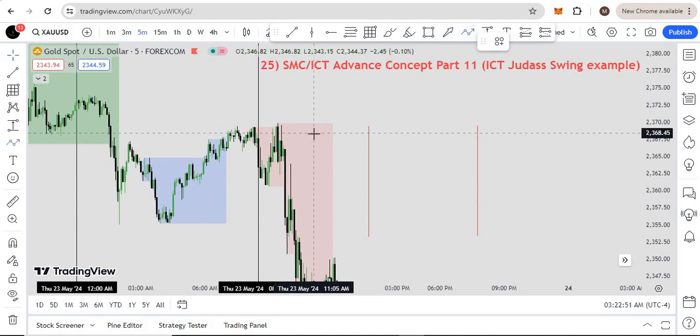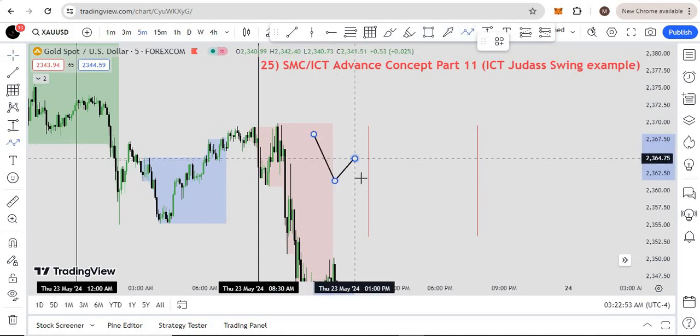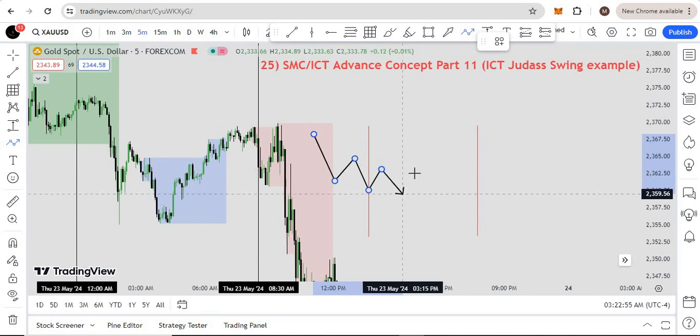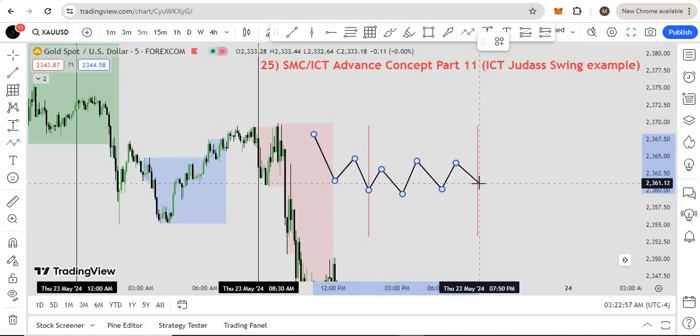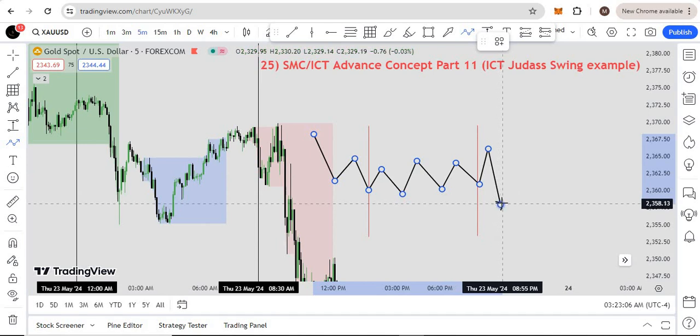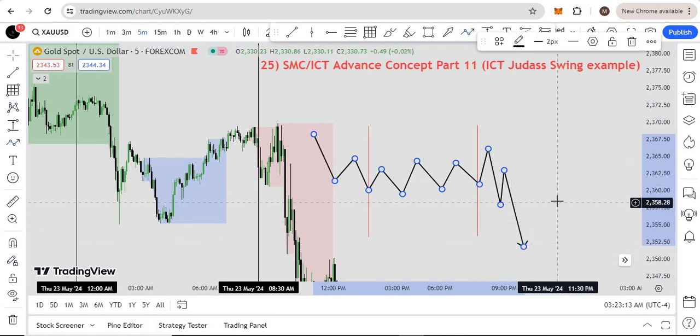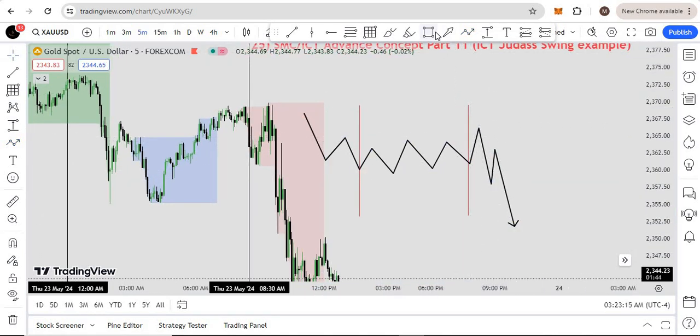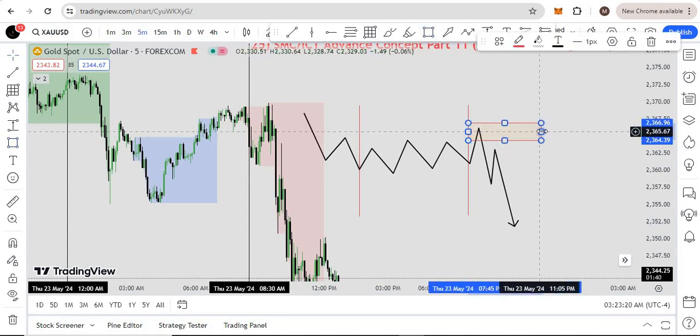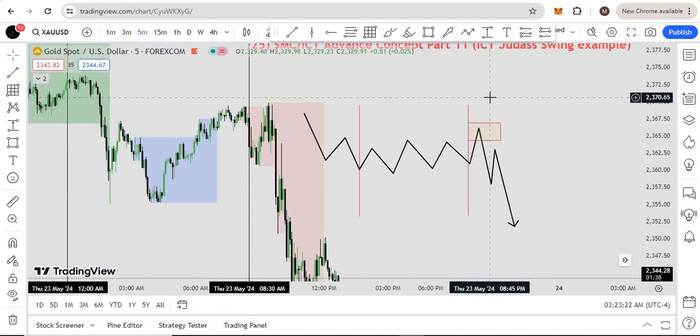If we have a bearish structure, you will see a Judas Swing after 8:30 or before 8:30. You will see a fake move to the upside, and then a market structure shift with displacement. You will find a fair value gap or any PD array, and you will direct your trade. So this move above the liquidity area is a fake move, which is considered a Judas Swing.